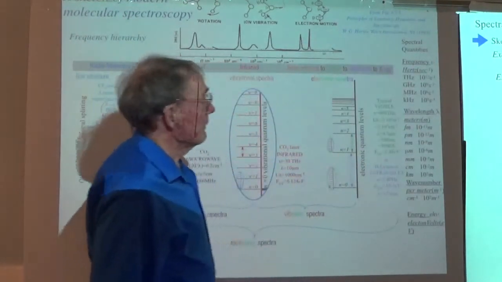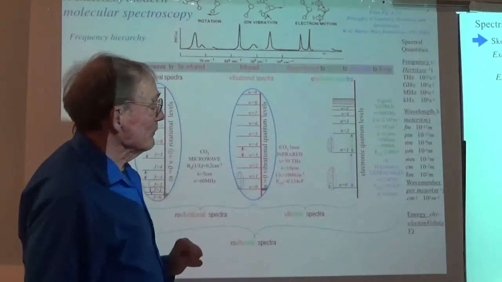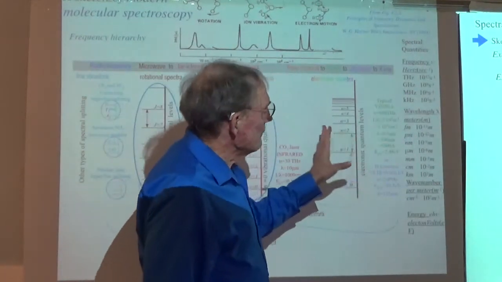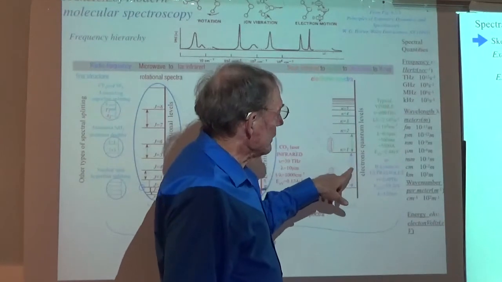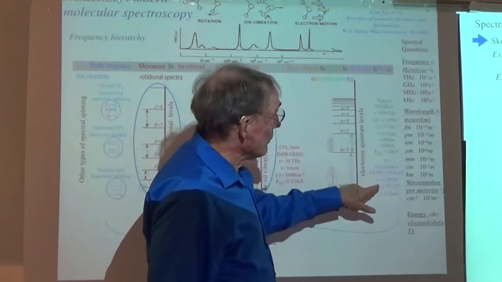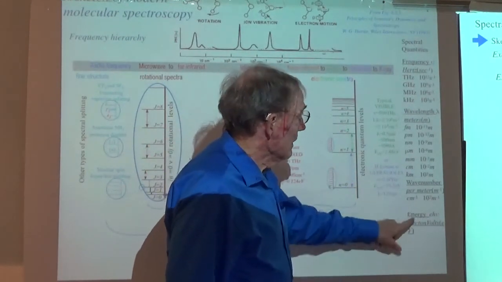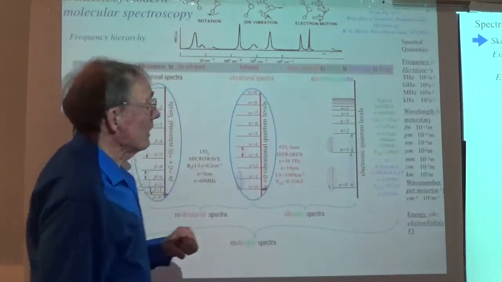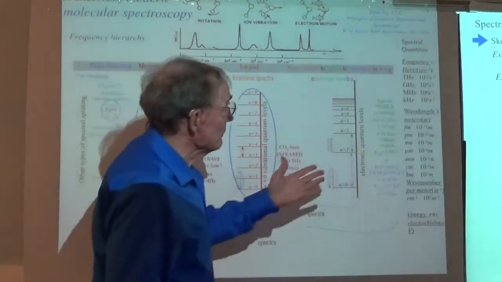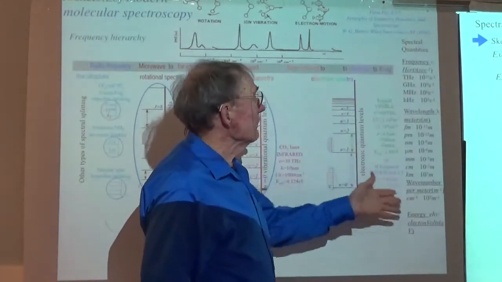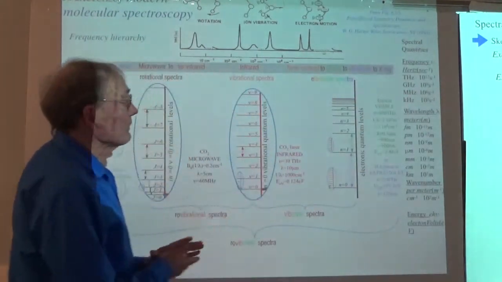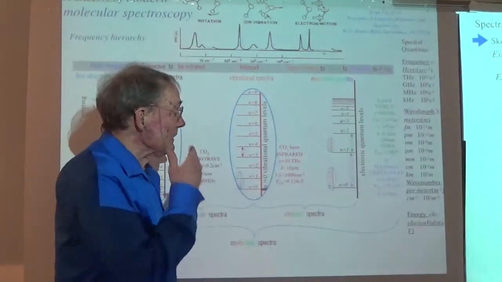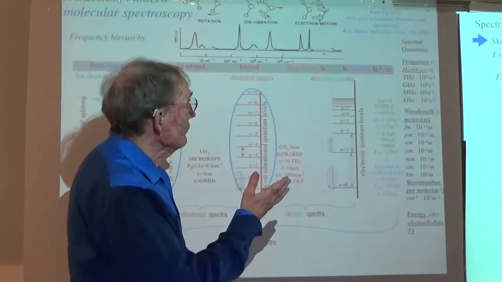That's one of my favorite frequencies for reasons you'll see later on. And then, of course, giving these energies in electron volts is another way to express what's going on in spectroscopy. So we'll go through a little bit of this again, just so you can visualize better what's happening in a spectroscopic situation.